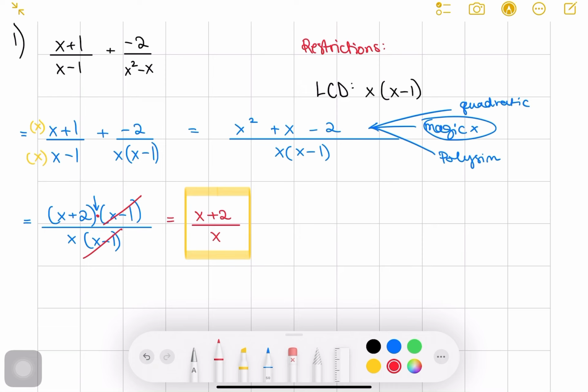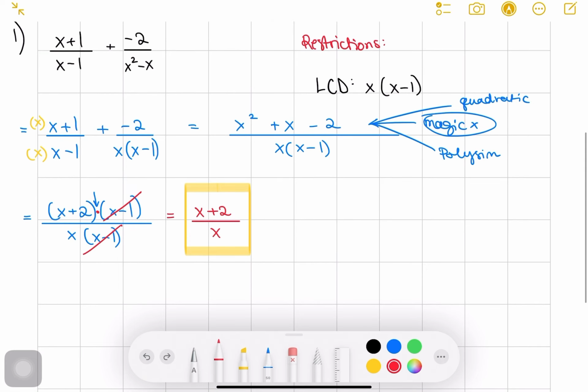In order to do that, we look at the denominator, most likely the LCD, because that's what both denominators are going to be, and we look at it in factored form. According to the zero property rule, this cannot be 0, and also this cannot be 0. So x cannot be 0, and x cannot be positive 1 as well.